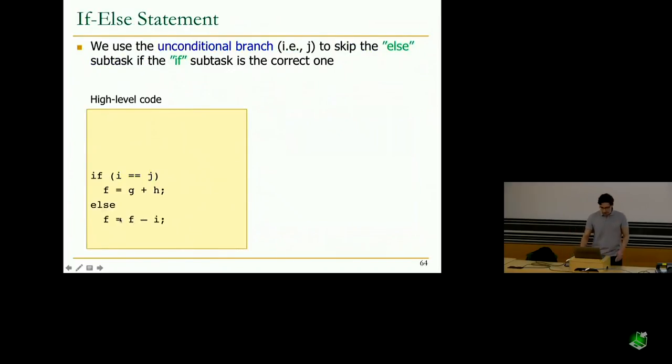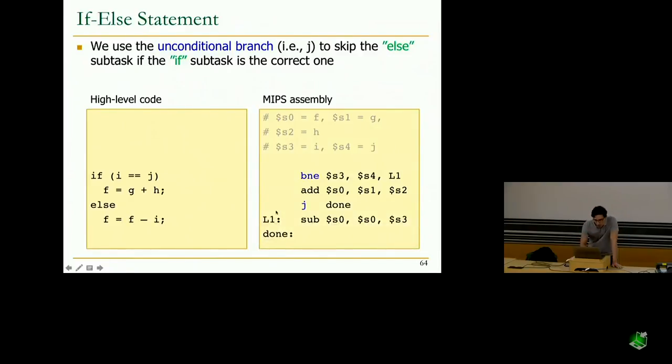We can also implement if-else, and in order to implement the if-else, we need to use an unconditional branch like J, and also a conditional branch like branch not equal. Here we want to execute f equal g plus h if they are equal, else we subtract i from f. We check if S3 and S4, S3 contains i, S4 contains j, are different.